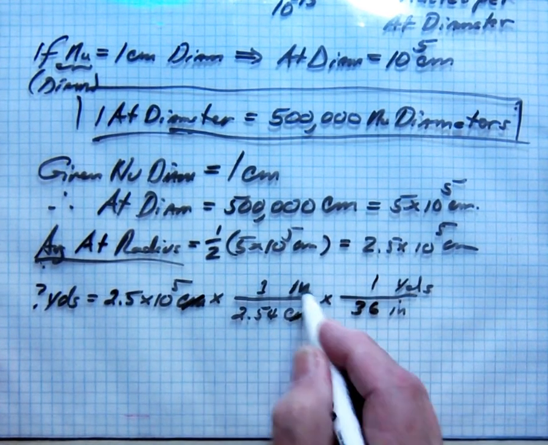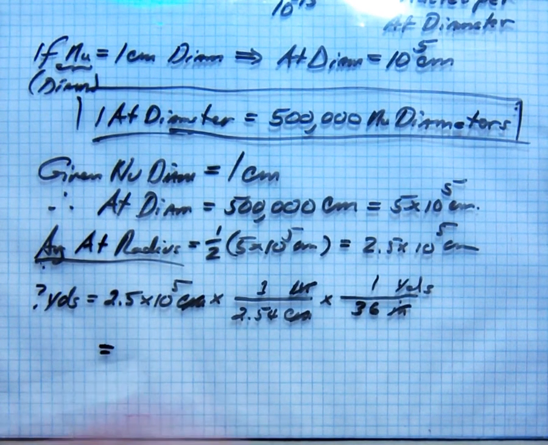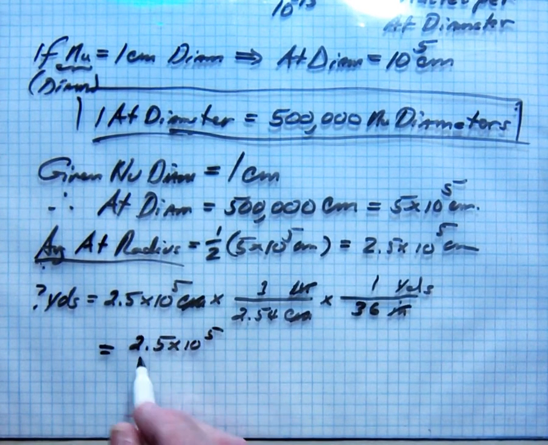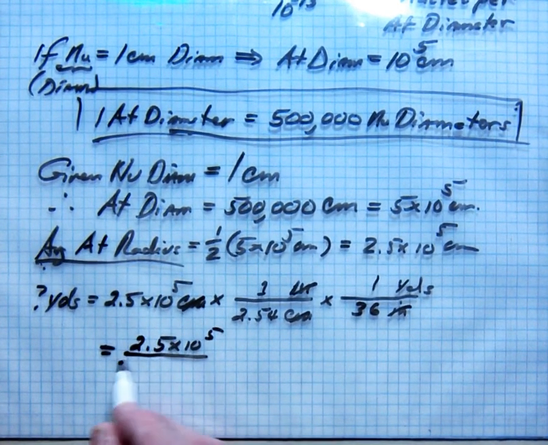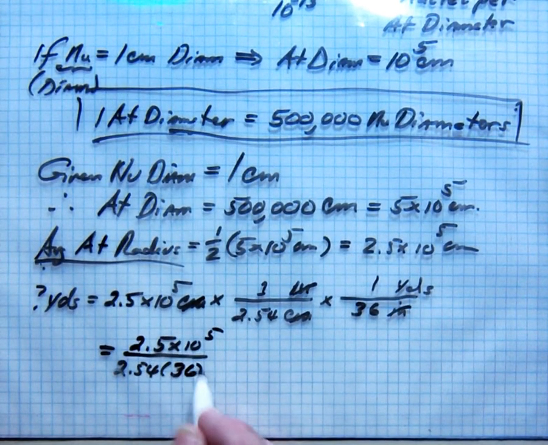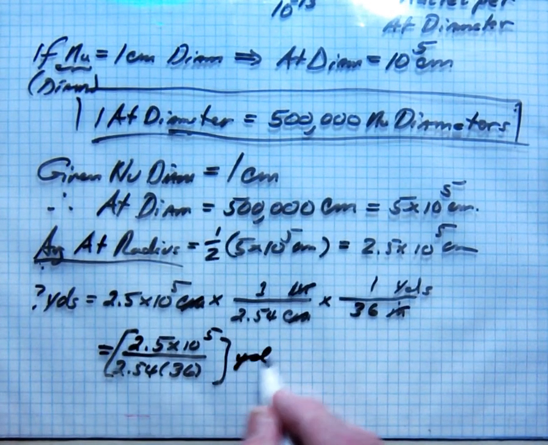The centimeters drop out, inches drop out, and we have it in terms of yards, to generate some visual perspective of what the atom looks like. So this is 2.5 times 10 to the 5th divided by 2.54, divided again by 36, and that's in yards.